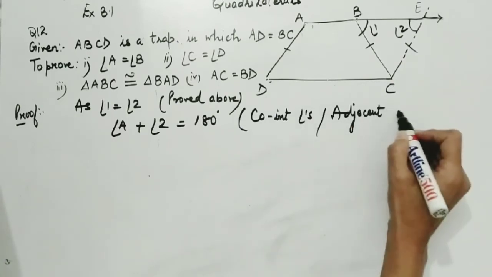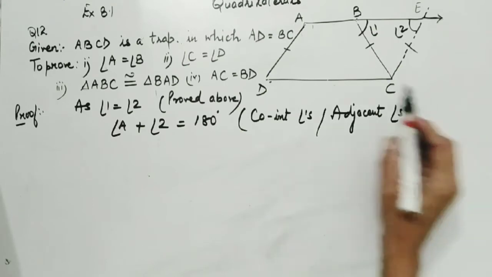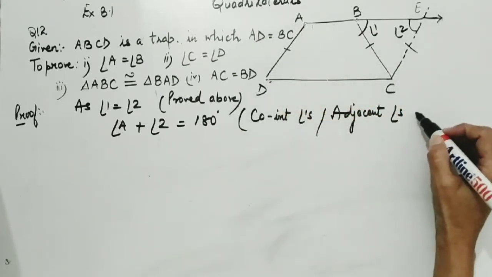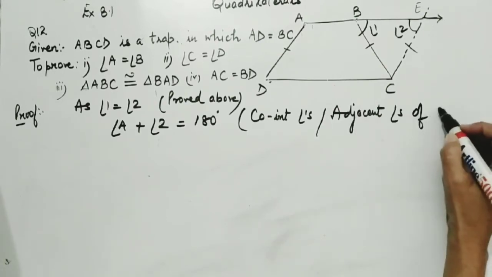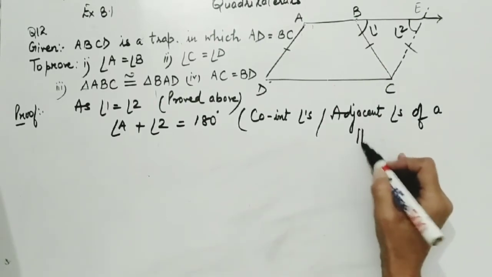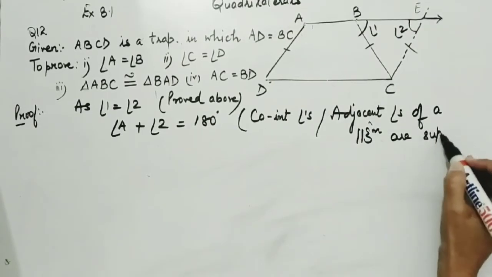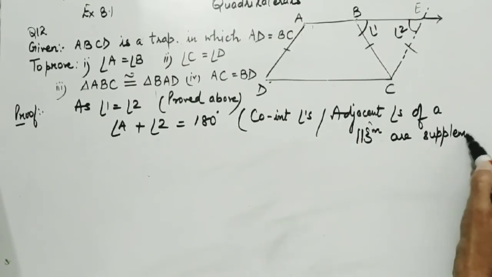In fact, adjacent angles of a parallelogram would be better, because we already know that this ADCE is a parallelogram. Adjacent angles of a parallelogram are, what are they? Are supplementary. Okay, so these angles are supplementary.